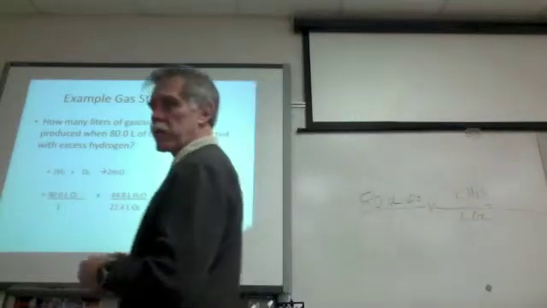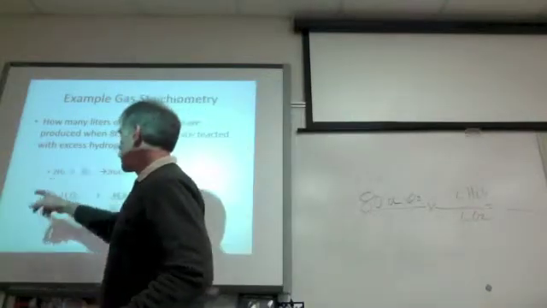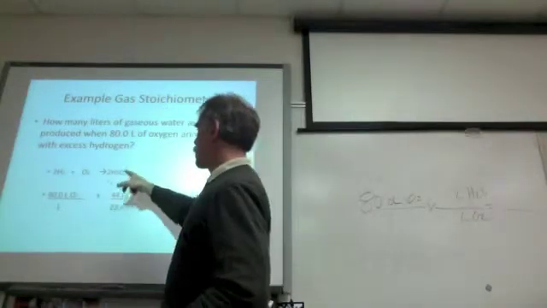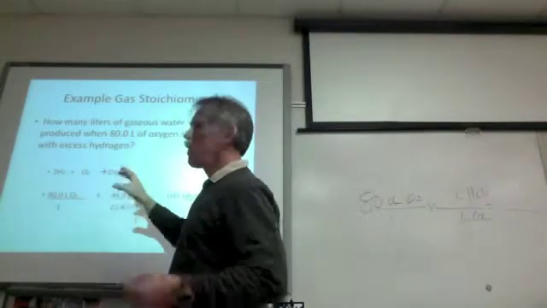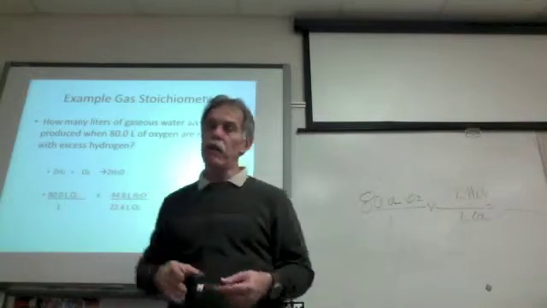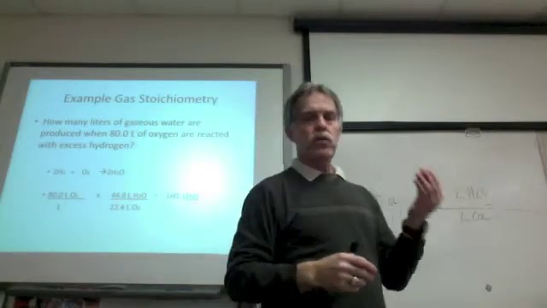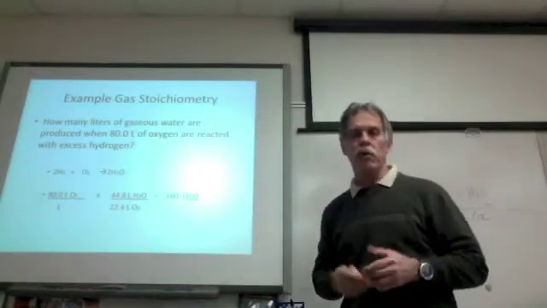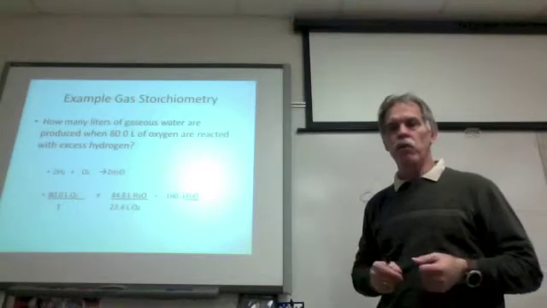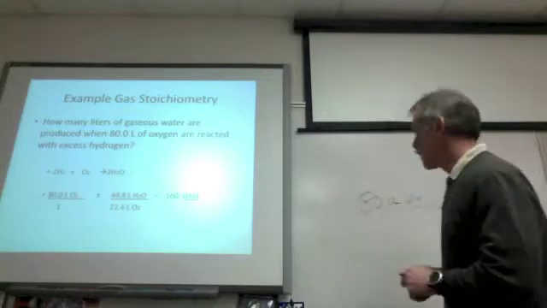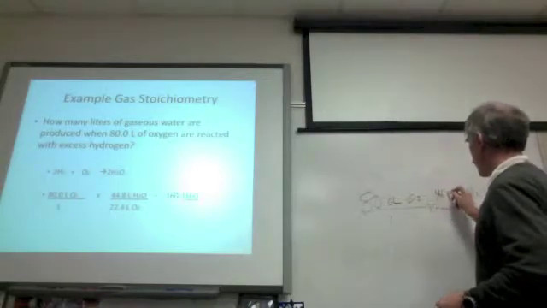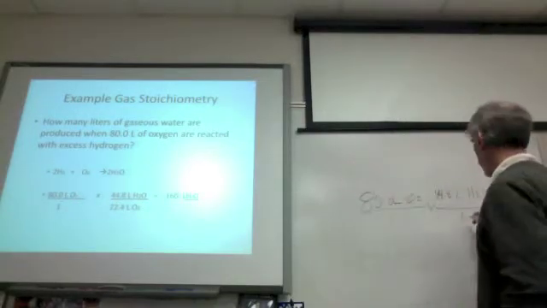The way we talk about this is draw a bubble. We need liters of H2O and liters of O2. Draw a bubble around the H2O. How many liters are in the bubble? Well, if it's 2 moles, 2 times 22.4. Every mole has 22.4 liters, right? 2 moles has 44.8, so we put 44.8 liters there. And then we look at the bottom, liters of O2.